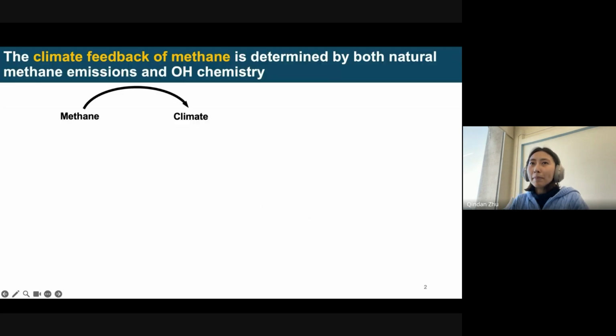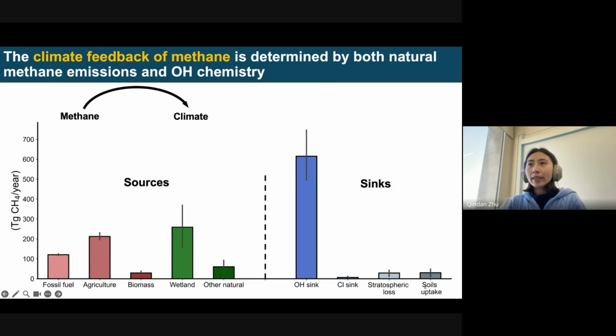So we know that methane is a potent greenhouse gas that contributes to climate warming, and the methane concentration is governed by the balance between the sources as well as the sinks. Compared to the various methane sources, the sink is predominantly attributed to the reaction with hydroxyl radical, or OH.